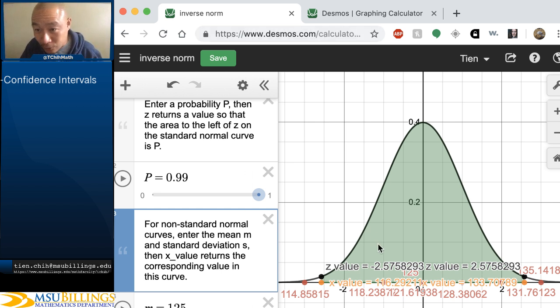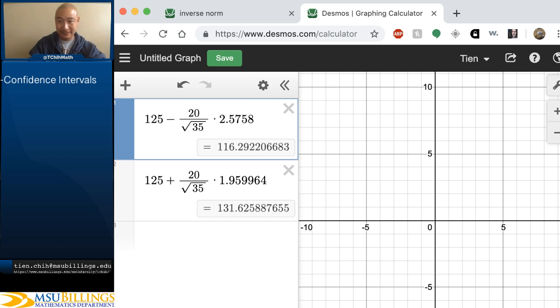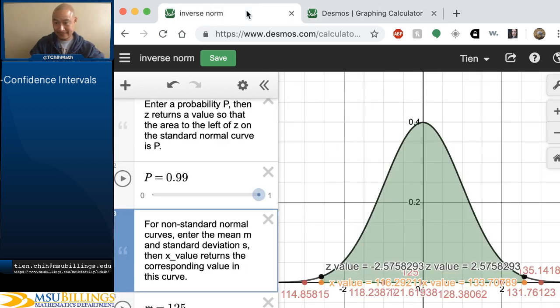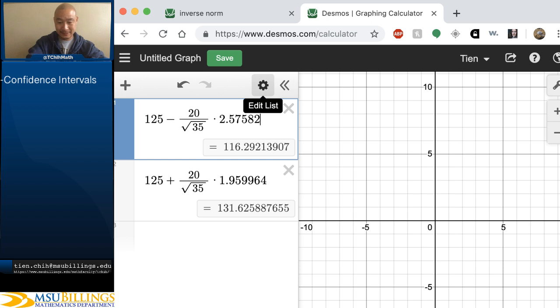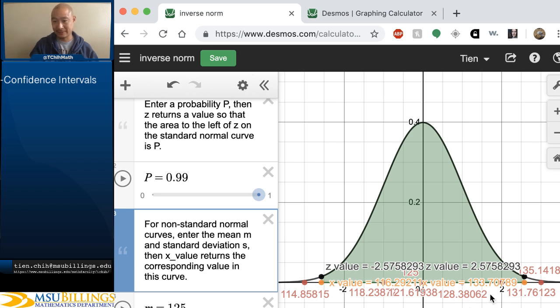And let's say my z-score, 2.5758293. Copy, paste, 116.29, 133.71, right? Which is exactly what we said. Go back over here. Yep, my x value, my x value.